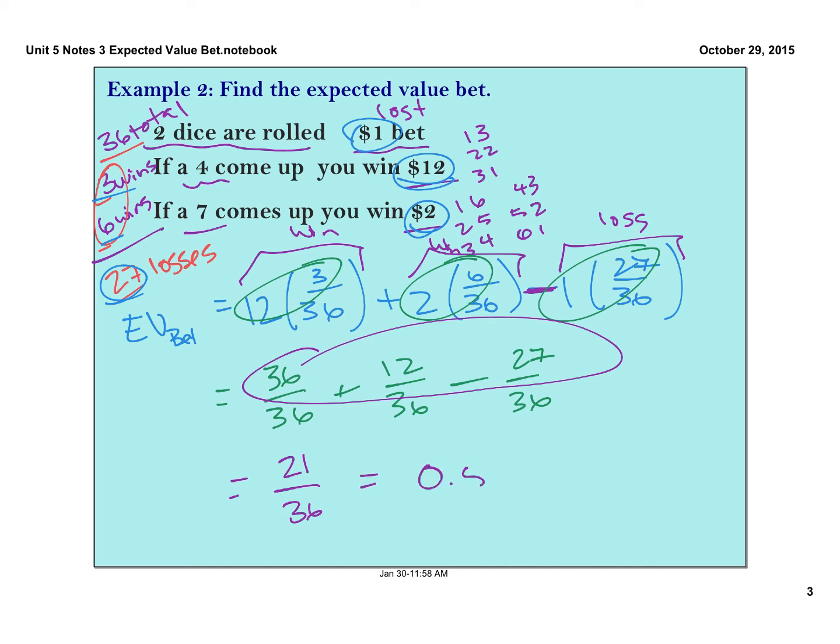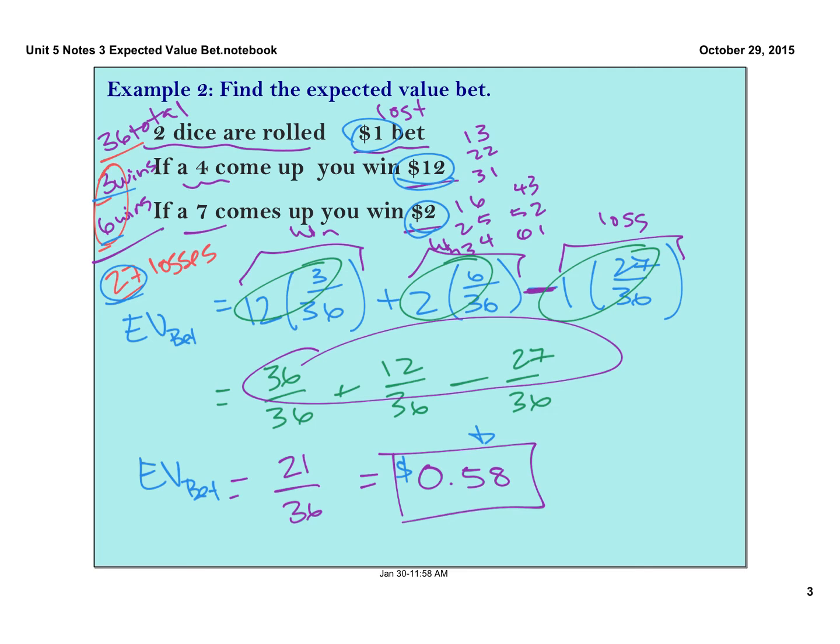So 0.58 is my expected value for betting, and again, that's in dollars. That's an expected value that's positive. That tells you that it might be worth actually taking this bet.